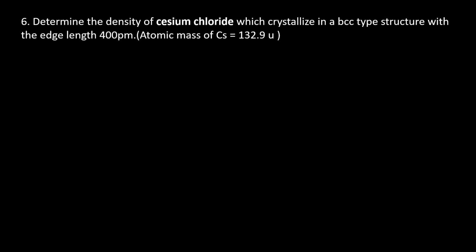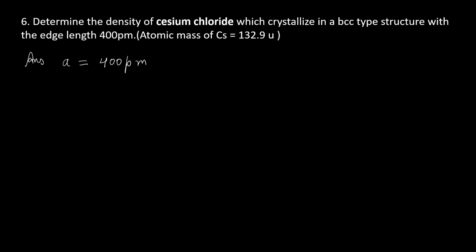Now next question is: determine the density of cesium chloride, which crystallizes in BCC type of structure with an edge length of 400 picometer. Atomic mass of cesium is given to you, that is 132.9. Now in this question, first of all, edge length is given to you, A is equal to 400 picometer.